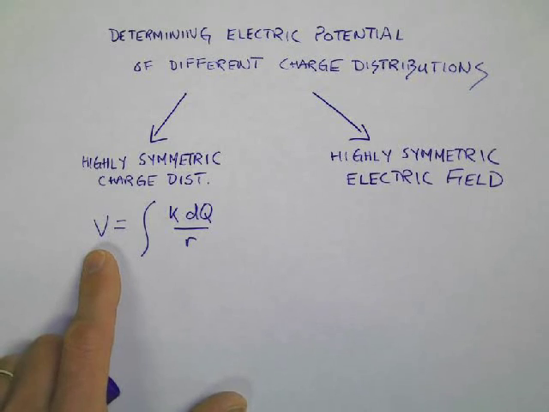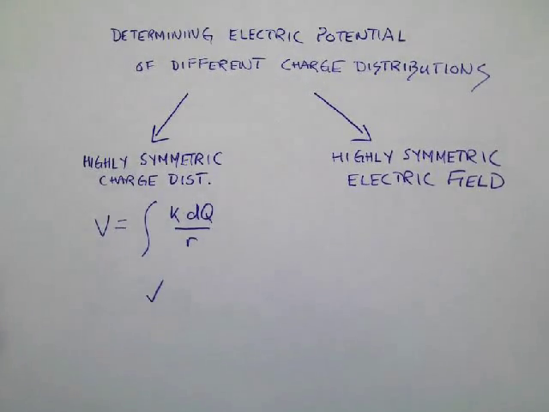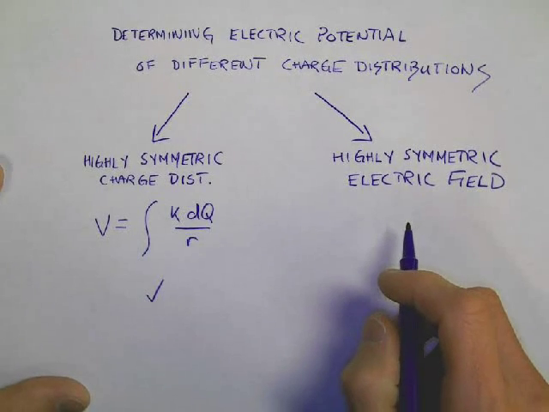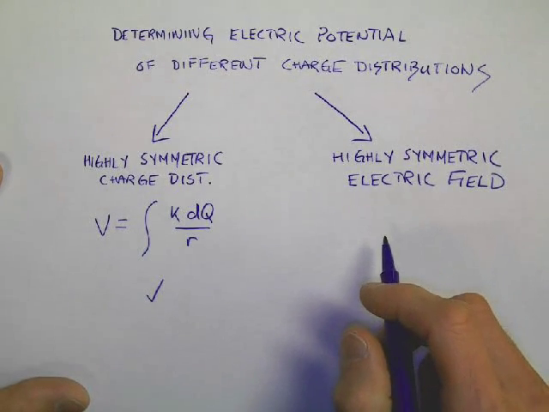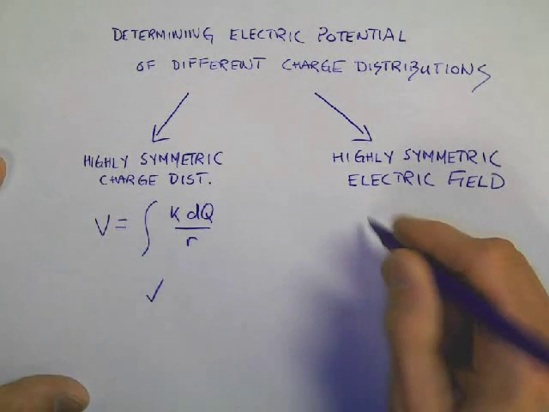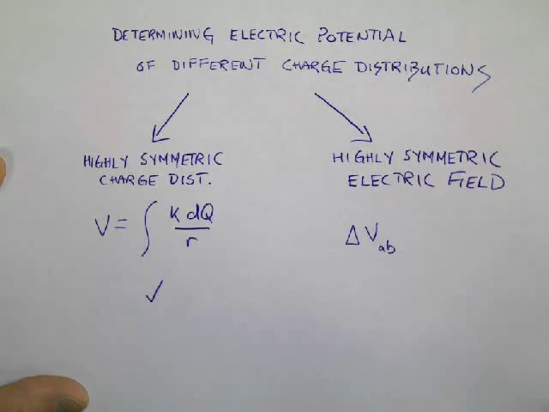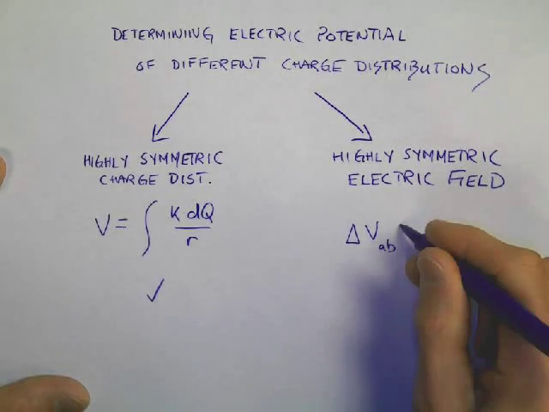This is actually what we're going to do in the lesson right now. So this is the purpose of this video. Tomorrow we're going to learn about the other case, which is if you have highly symmetric electric fields, and in that case we're going to be deriving expressions for a change in potential between two points.